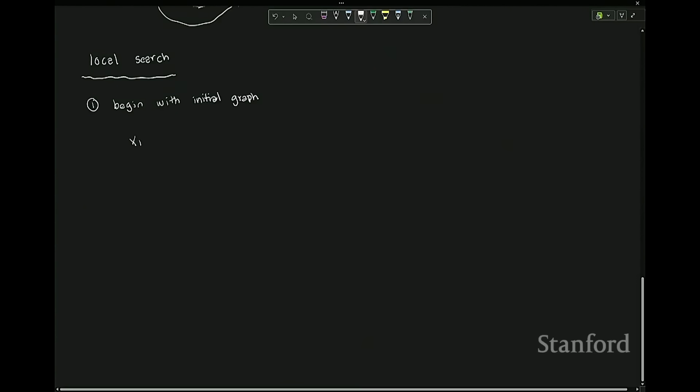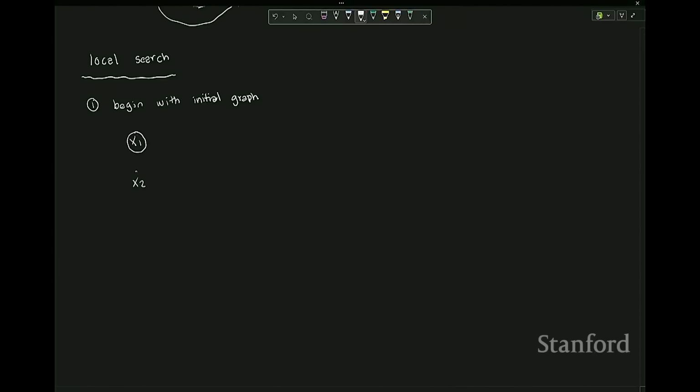Okay, so for local search, we're beginning with an initial graph. For the sake of this example, I'm going to have it look something like this. The reason that we call this local search is that we're going to be looking at all of the graphs in our current graph's neighborhood.